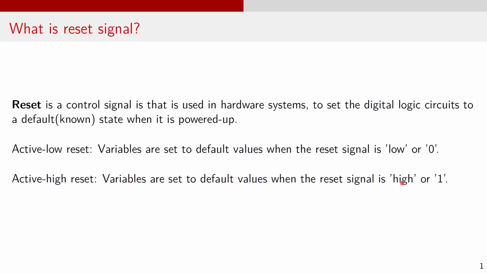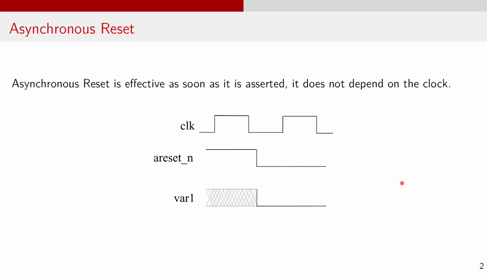There are two types of reset signals: synchronous and asynchronous. Let's understand what an asynchronous reset signal is. An asynchronous reset signal is effective immediately upon being asserted, regardless of the clock signal. This allows hardware to reset instantly even if the clock is not running. Asynchronous resets are useful in systems that require an immediate reset response.